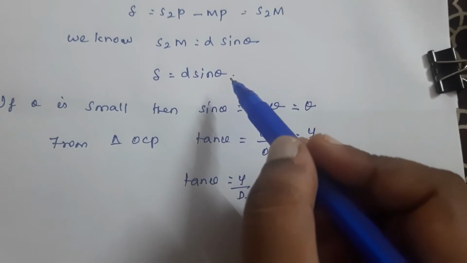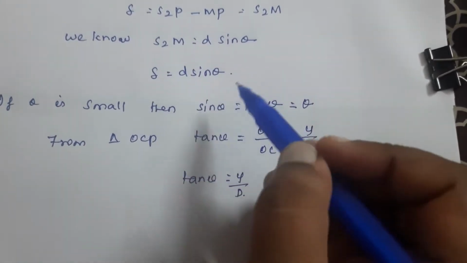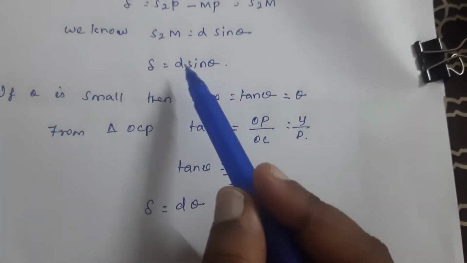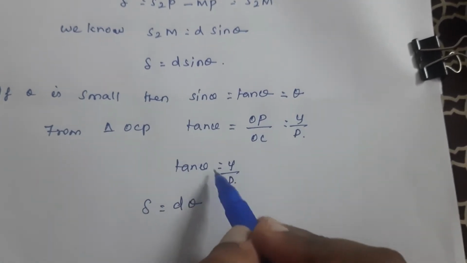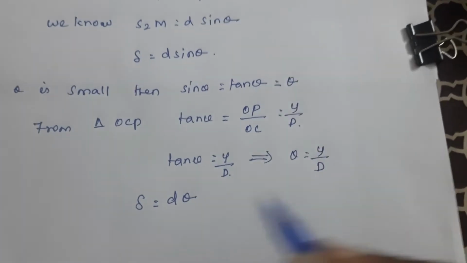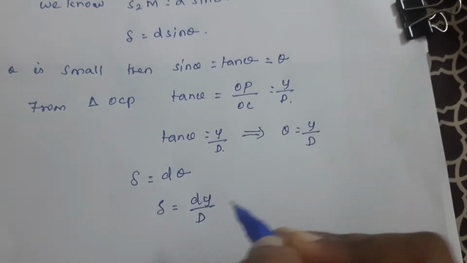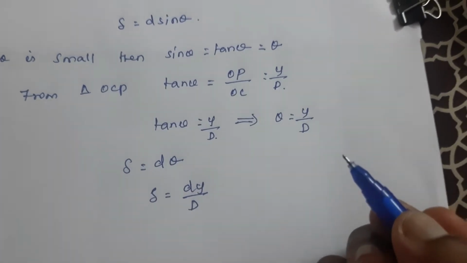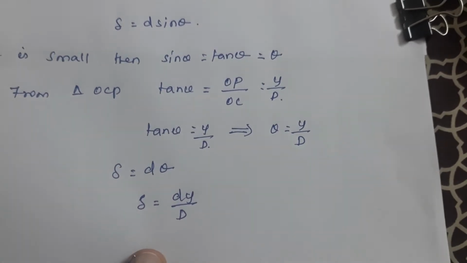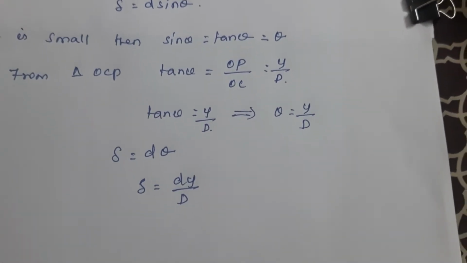So this equation is delta equal to d into theta, where for sin theta I am substituting theta. And theta is equal to Y by D. So substituting here, delta is equal to dy by D. Now this is giving you the equation for path difference.